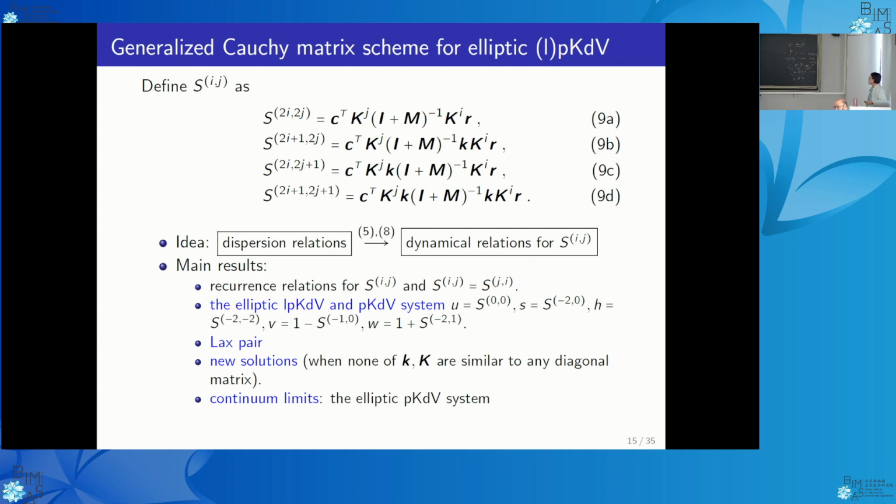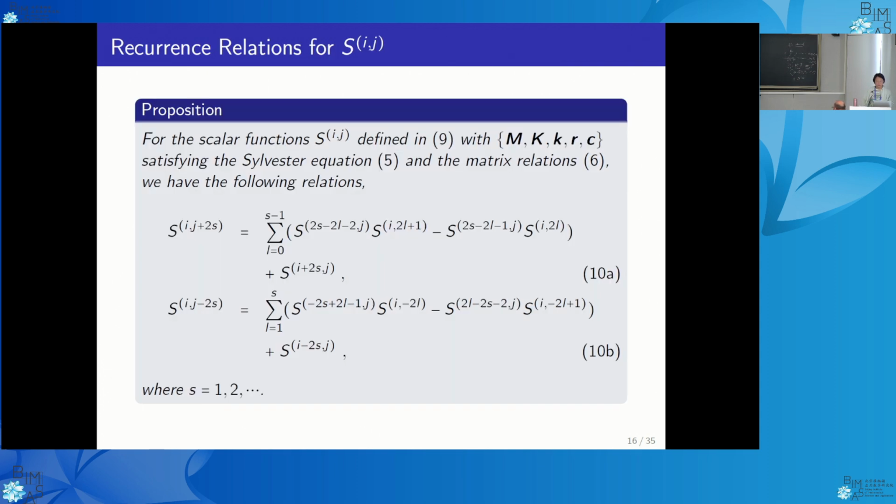In addition, we do continuum limits for the lattice system to get the continuous elliptic potential KdV system, and we also show some dynamics of the solutions for the continuous system. So in the following are some details.